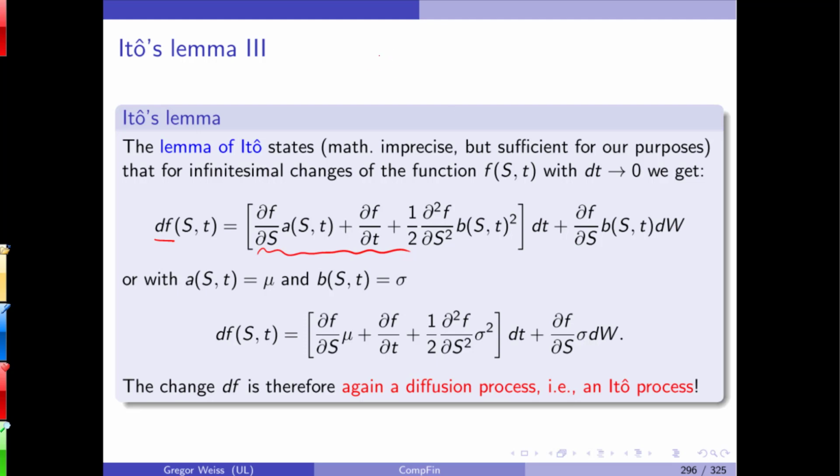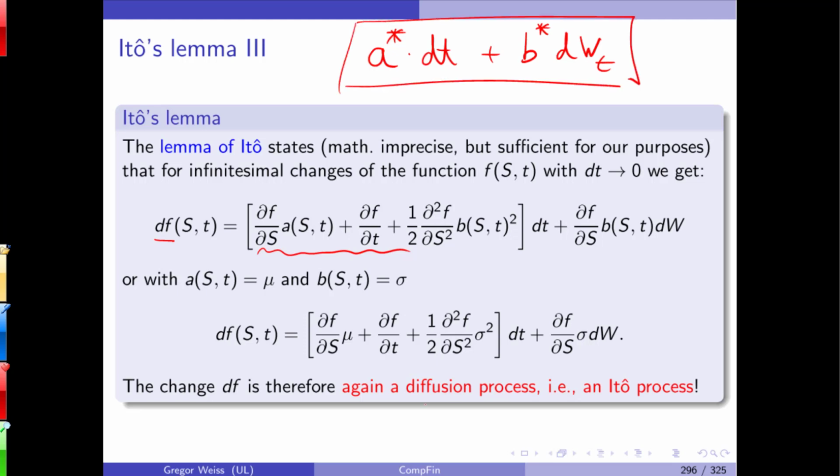So let's call this A star times dt plus B star dW_t. And this is, again, a diffusion process. That's the main result of Ito's lemma. If you have a diffusion process, the change in any function in this diffusion process is again a diffusion process with different drift and different diffusion.